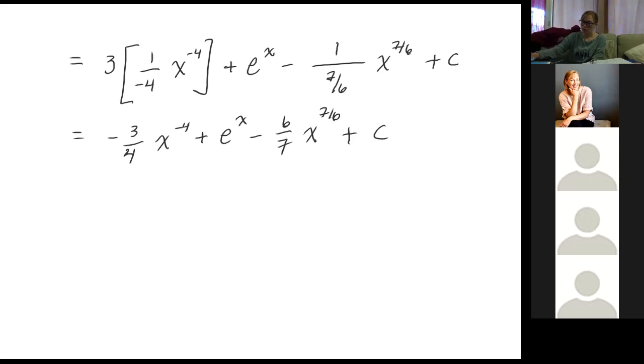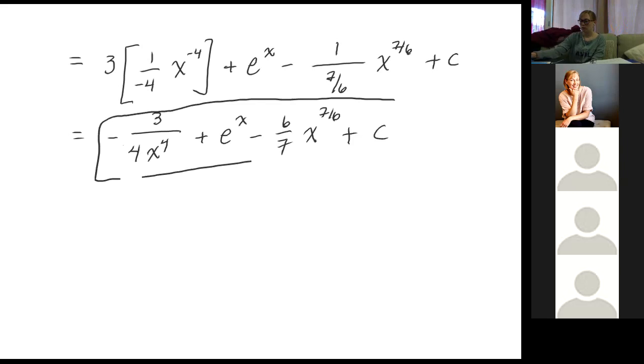One other simplification I might do here is rewrite this term with a positive exponent, so let's rewrite it as negative 3 over 4x to the 4th. So there is the antiderivative of my function.